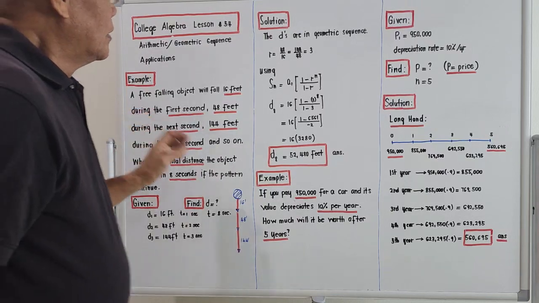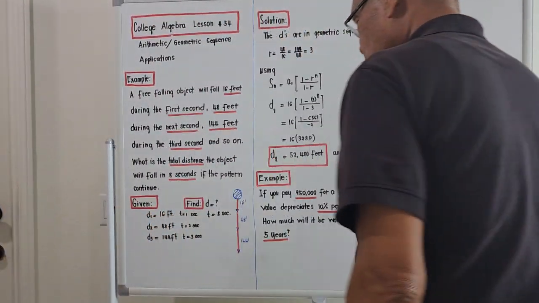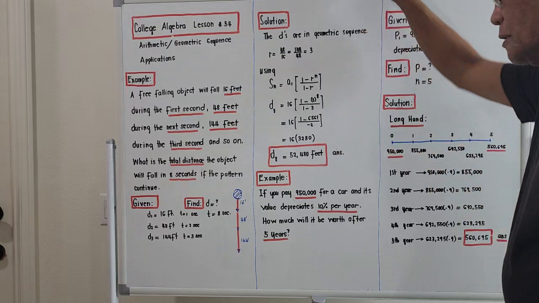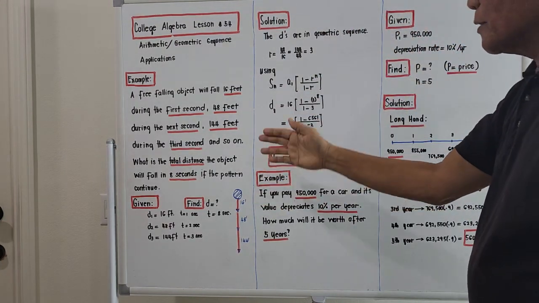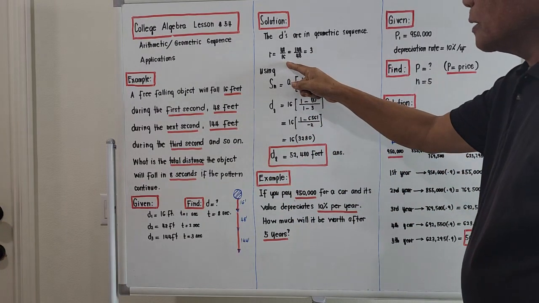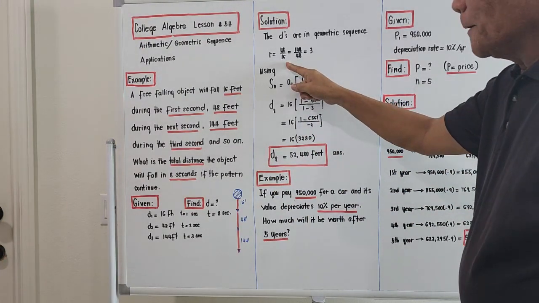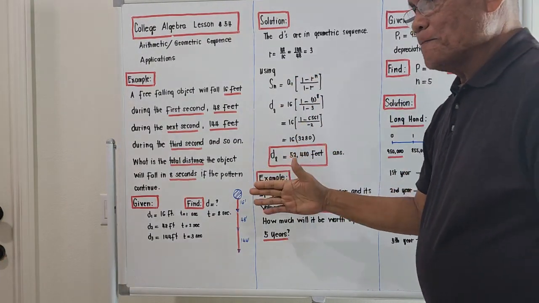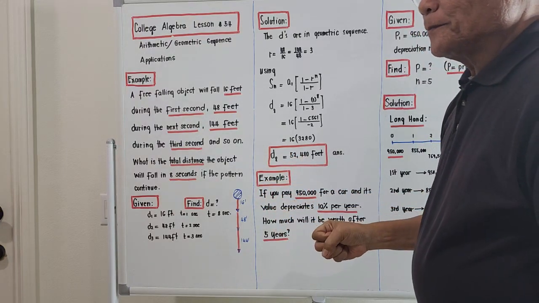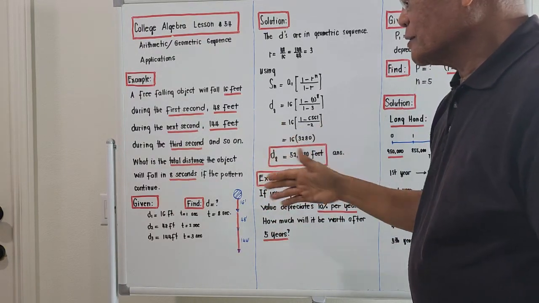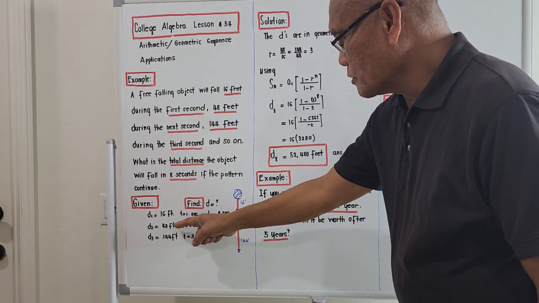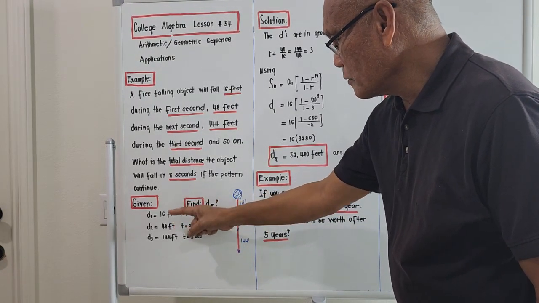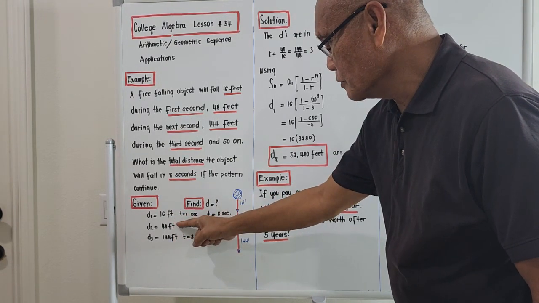Okay? So to bring out the solution of this, if the given problem is under geometric progression, let's try to verify the ratio r. The thing that is involved here is distance, so the ratio for a geometric progression will be distance 2 divided by distance 1 or distance 3 divided by distance 2.